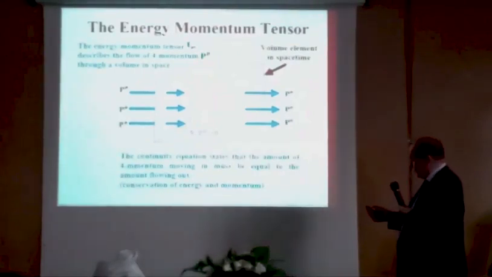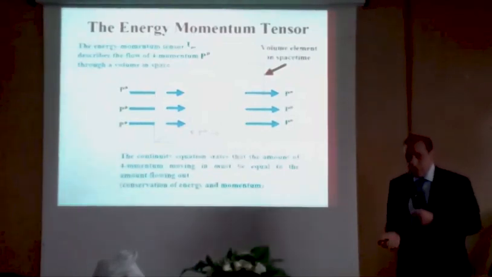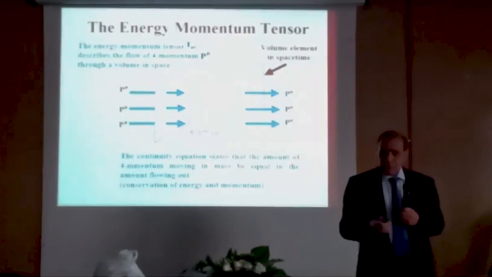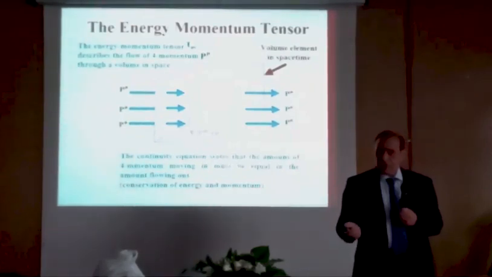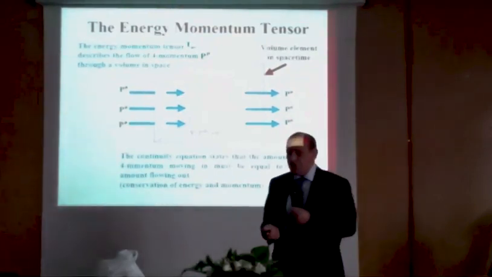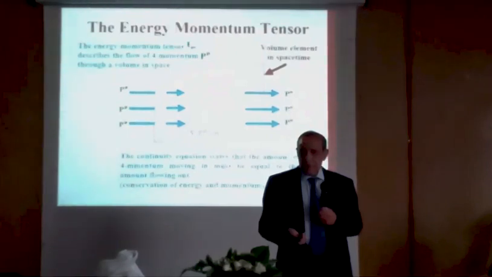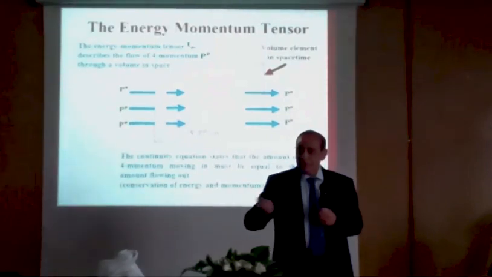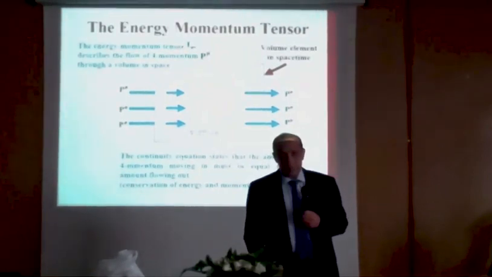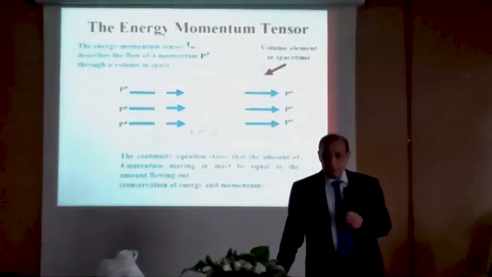In fact, this tensor, the energy momentum tensor, contains many things. And I come back to the idea of tensor. Somebody would ask me, what is the difference between a tensor and a vector? The answer is this. In a vector, you have components indicating directions. In a tensor, you don't have such a thing only.